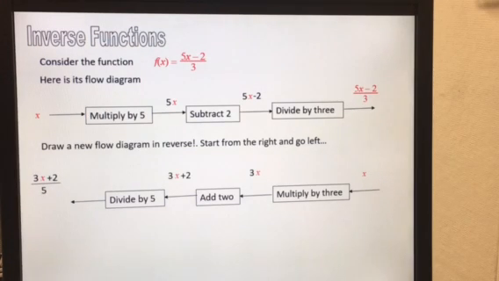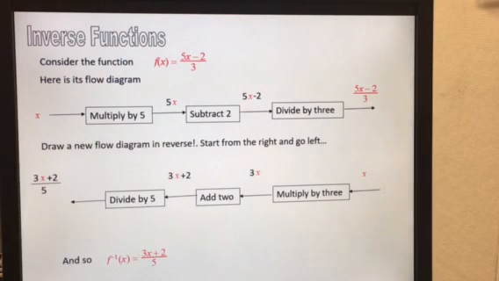So just by intuitively figuring out the operations that are occurring, we are able to find the inverse function of f of x equals 5x minus 2 over 3 to be f inverse of x equals 3x plus 2 over 5.